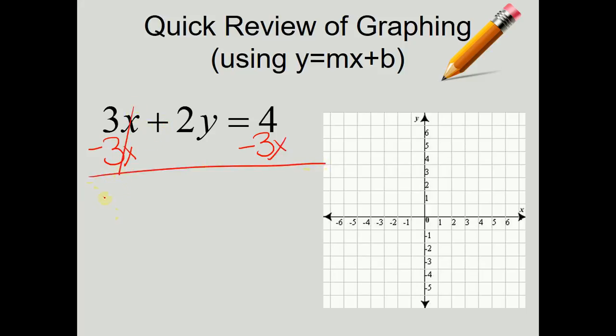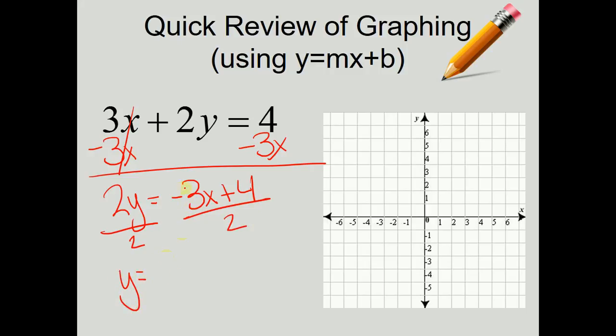So, I'm going to get 2y equals negative 3x plus 4. Now, let's divide by 2. So I'll get y equals, to make this look nice, I am going to divide this 2 into both of them. So I'll have negative 3 over 2 x plus 4 over 2. Ultimately, if I simplify here, negative 3 halves x plus 4 divided by 2 being 2.